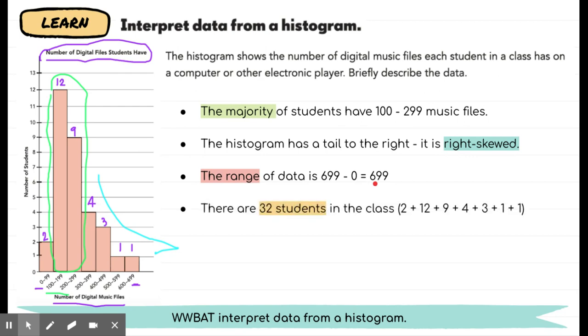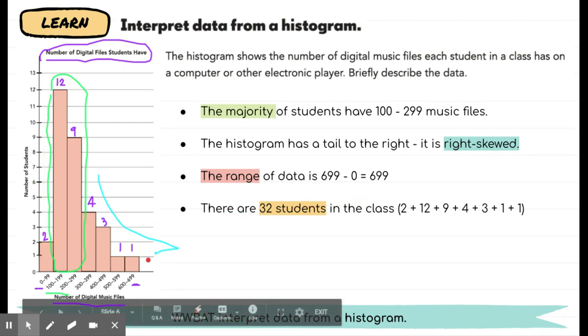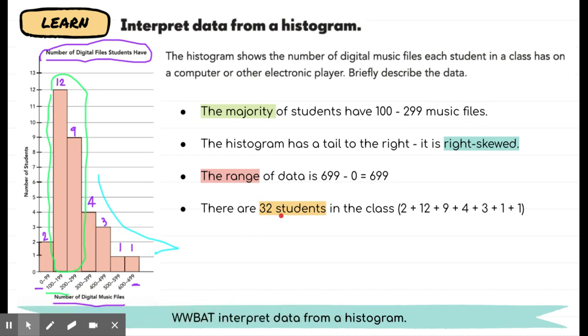Lastly, I can count the total of the values that occur in this data set. I can add up all the students, and there are a total of 32 students in the classroom.